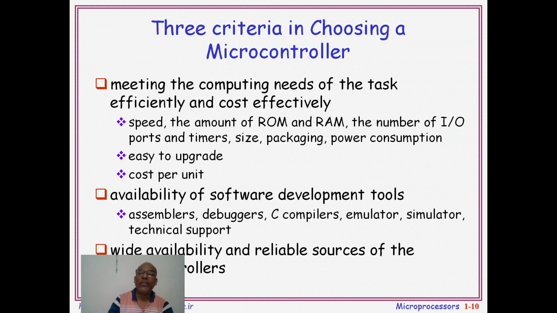Three criteria in choosing a microcontroller. Which are the basic criteria for choosing a microcontroller? Meeting the computing needs of the task efficiently and cost effectively. That means speed, the amount of ROM and RAM, the number of IO ports and timers, size, packaging, power consumption, etc. It is easy to upgrade, and cost per unit.